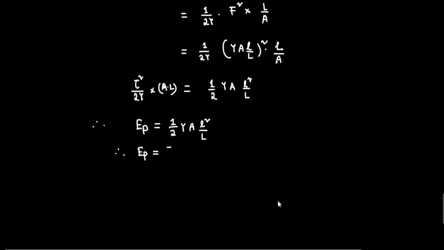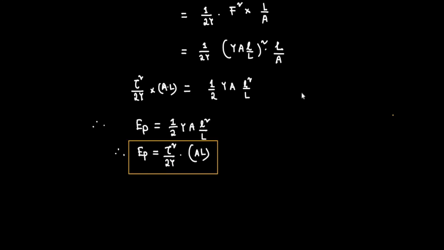Then we get EP equals tau square by 2Y dot A dot L.